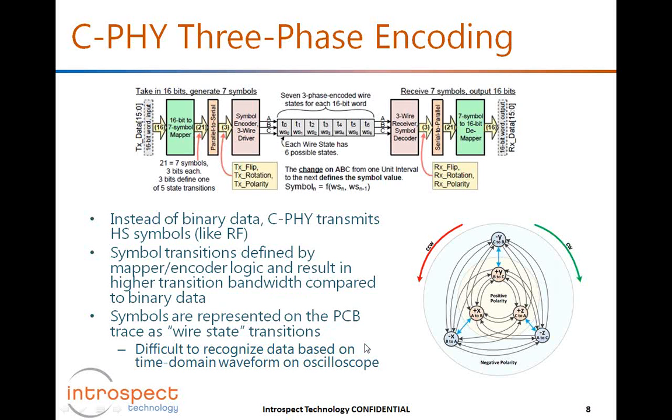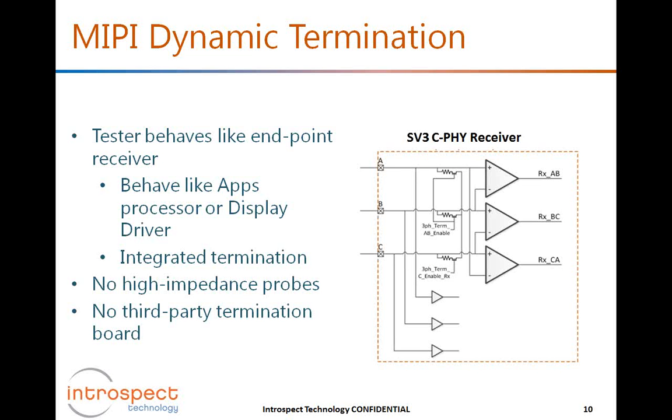So first is the low power operation, right? Low power in HS really means that any communication link will sometimes operate in high impedance state or in low impedance state. And this is shown in this block diagram here, where there are resistors that could be turned on and off dynamically in a system. So from a test and measurement perspective, when we are testing a transmitter, we have to give the transmitter the same conditions.